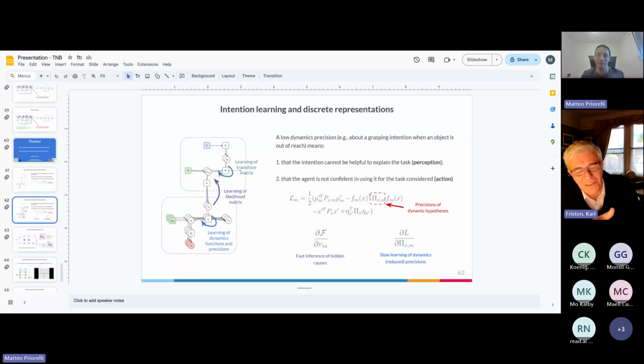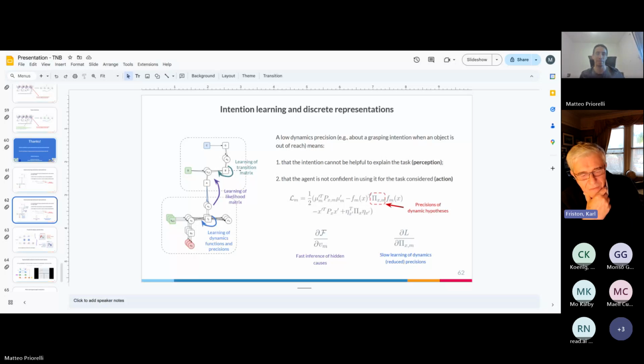So some interesting observations here. I mean, clearly the precisions play an enormous role just in the dynamics, irrespective of learning. For example, in the motor system, you've got gamma motor neurons that set the precision, and you need that to do your sensory attenuation to protect your top-down priors from being revised, so that you can do the movement.